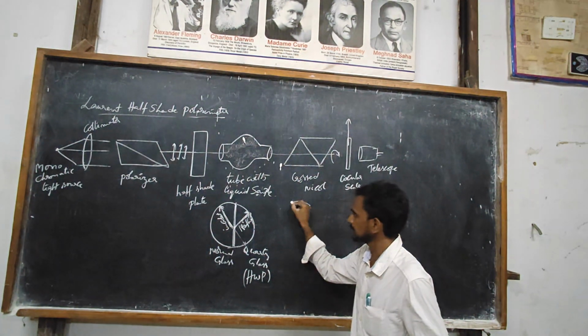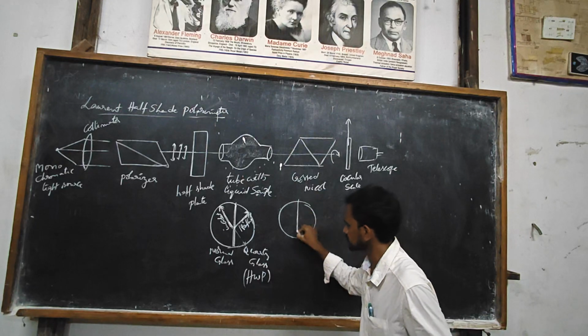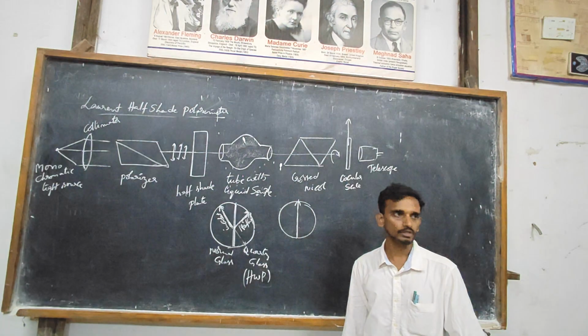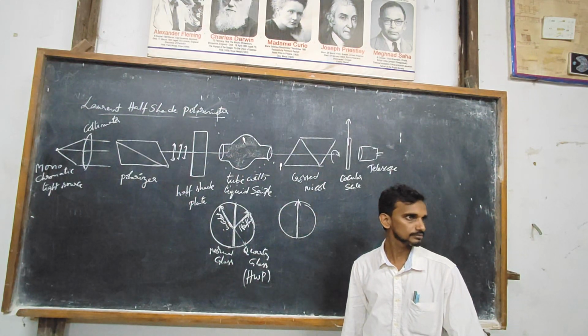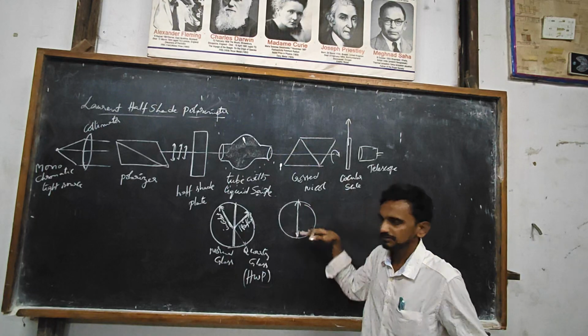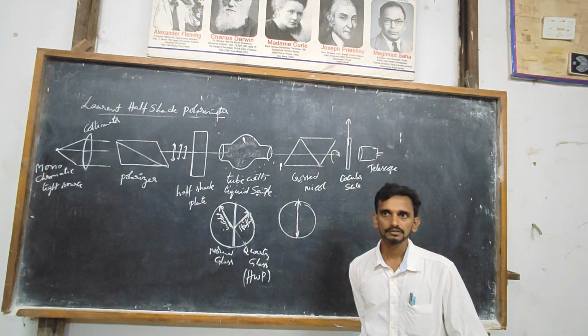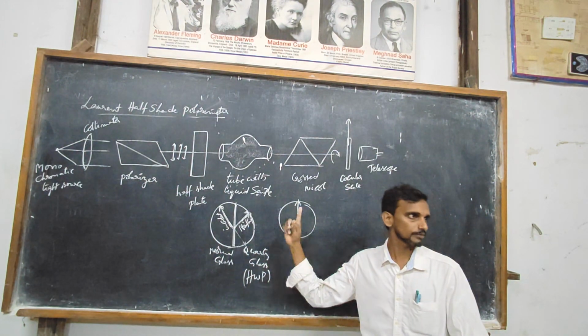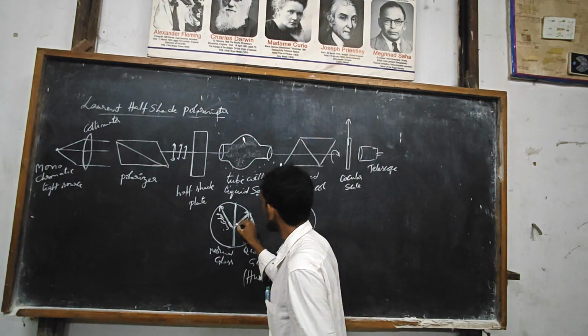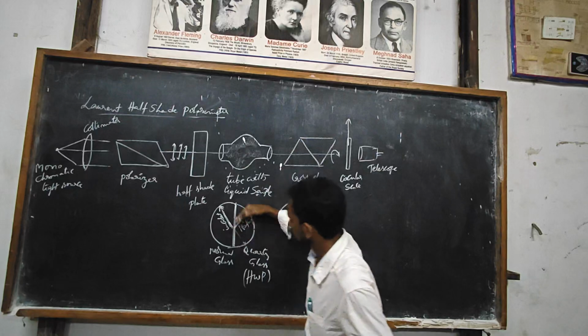But if the incident ray is along the axis, what happens? If you flip it, it will be in the same direction. So the second half is flipped like that.